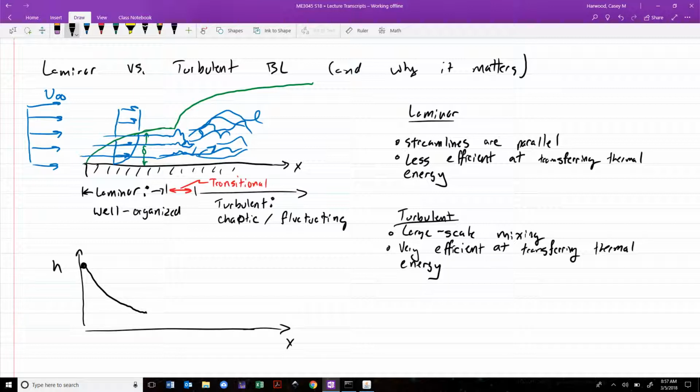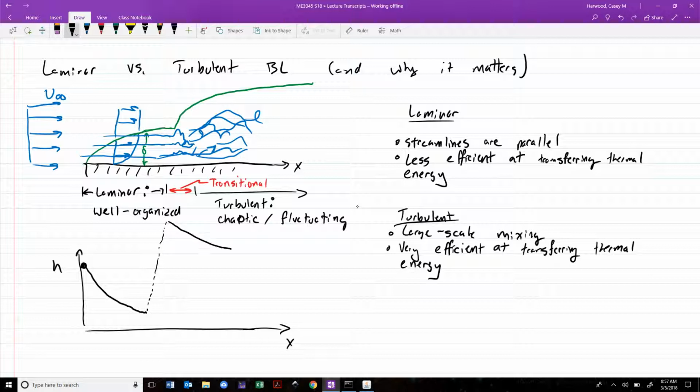When you hit this region of transitional flow, it's going to tend to spike upward, and then inside of the turbulent boundary layer, it's also going to decrease, but that enhanced large-scale mixing means that it remains higher than it was in the laminar flow.